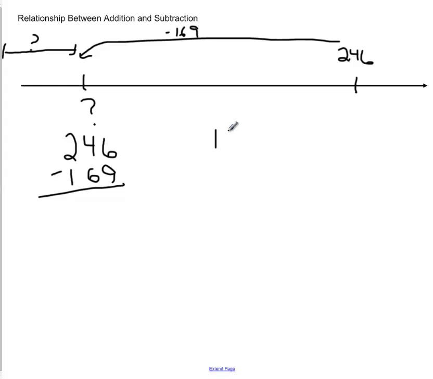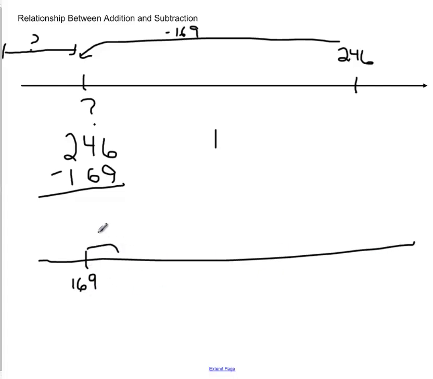So if I start with 169, I could take my number line and go the other way. I can start at 169 and think about counting up to 246. How would I get there? If I get to my next 10, it would take me up to 170.